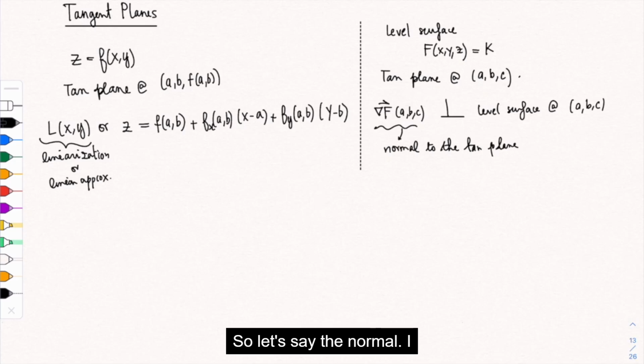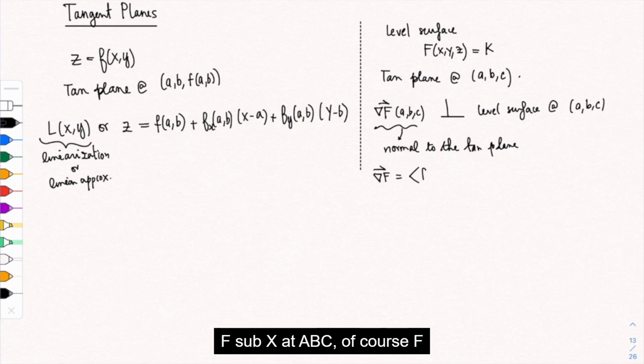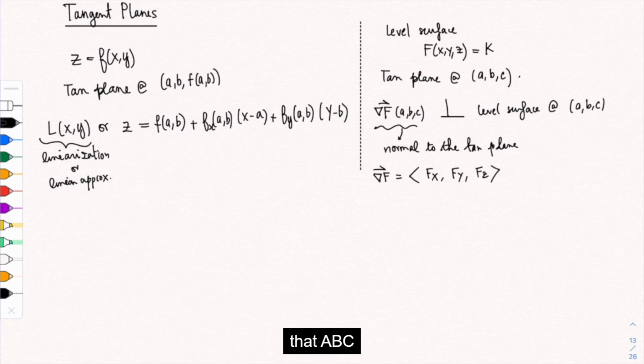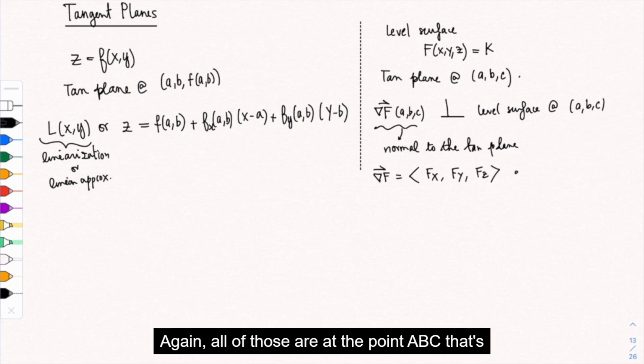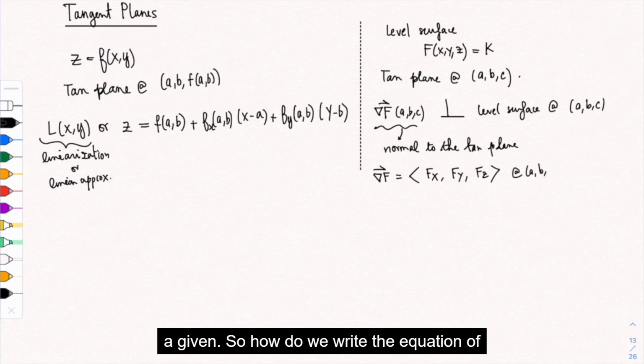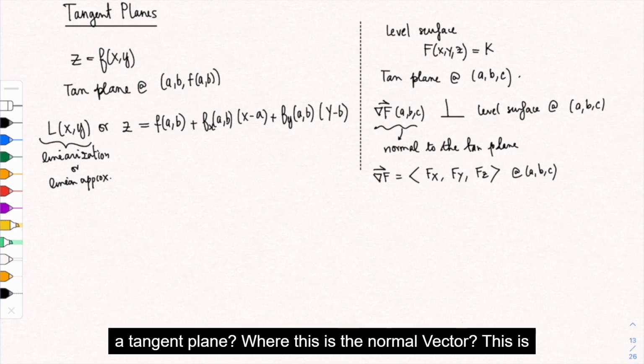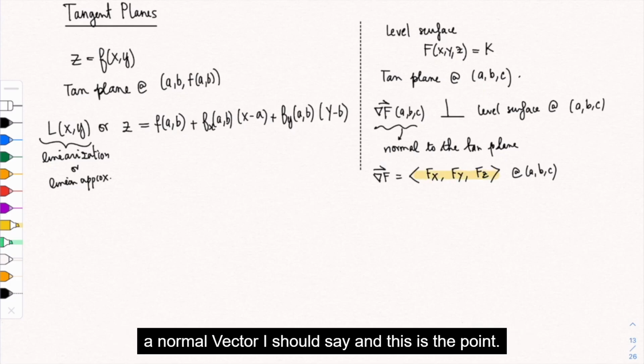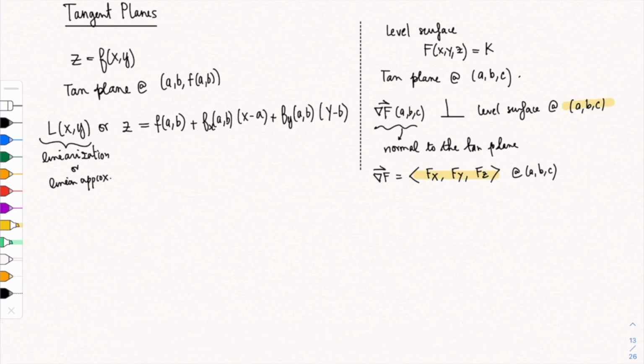So let's say the normal, I'm going to write the gradient as f sub x at (a,b,c), of course, f sub y at (a,b,c), and f sub z at (a,b,c). Again, all of those are at the point (a,b,c), that's a given. So how do we write the equation of a tangent plane where this is a normal vector and this is the point?